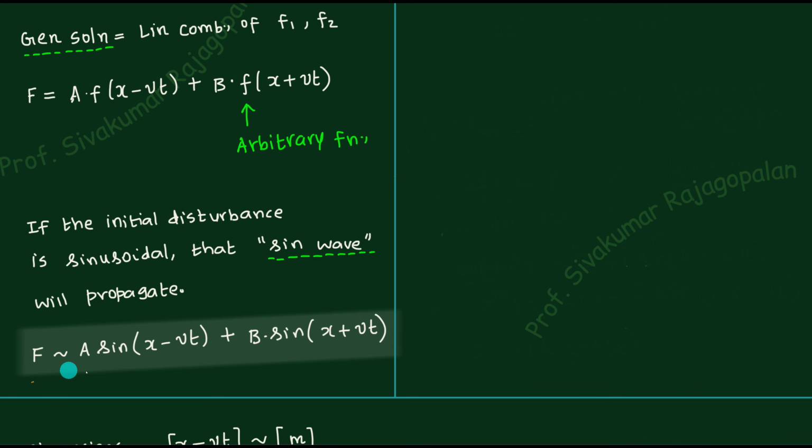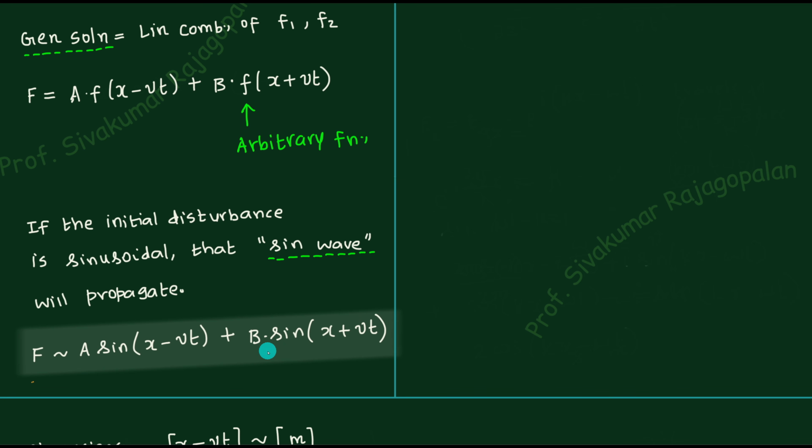So the ultimate conclusion is that capital F, the general solution to the wave equation, is given by these two combinations, one representing the wave propagating in the positive x direction, and the other representing the wave propagating in the negative x direction. So this is how the story comes, and now you are able to understand at least the appearance of x minus vt. But still there is a problem.